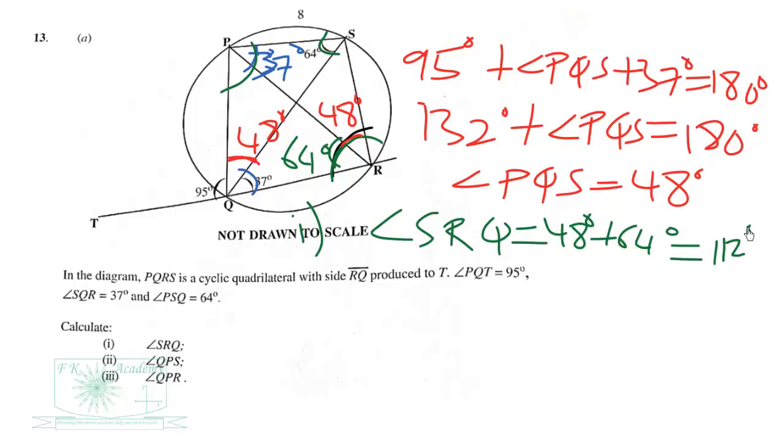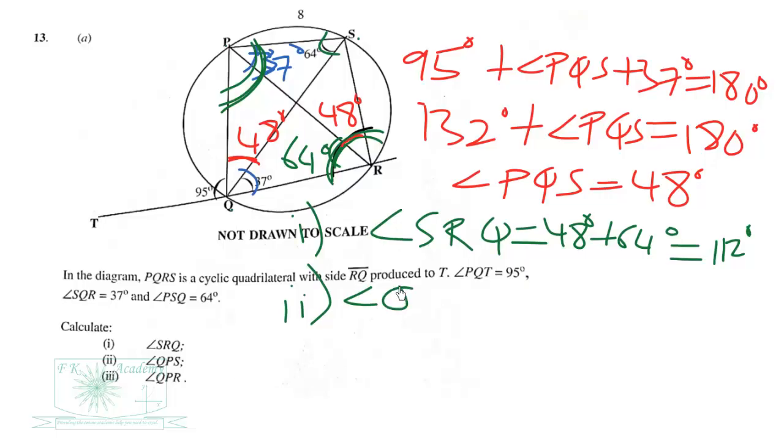Now the II, we are looking for angle QPS, the angle over here. When we add that angle and the angle here, we should get 180 degrees. The reason is that opposite angles of a cyclic quadrilateral will add up to 180 degrees.